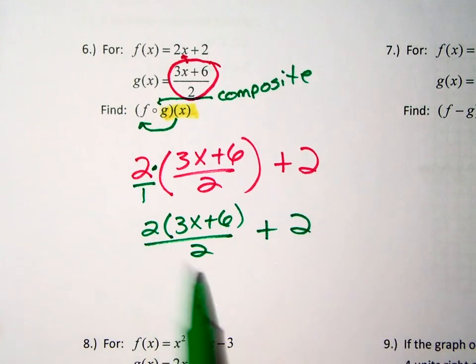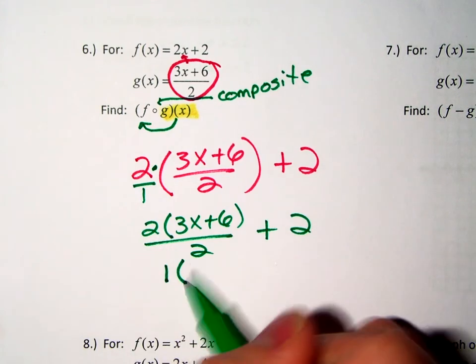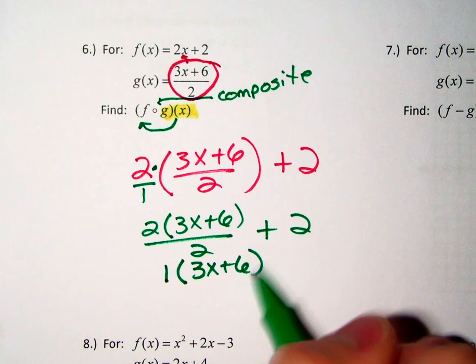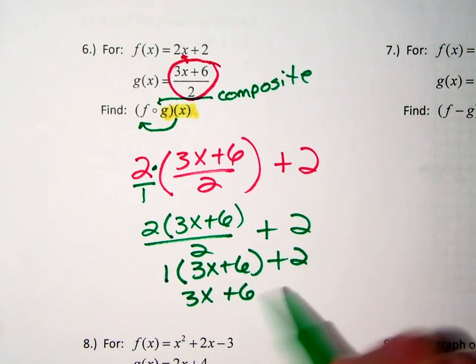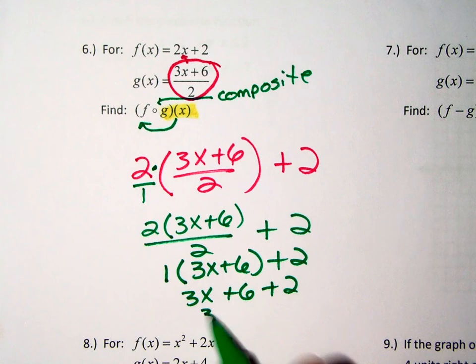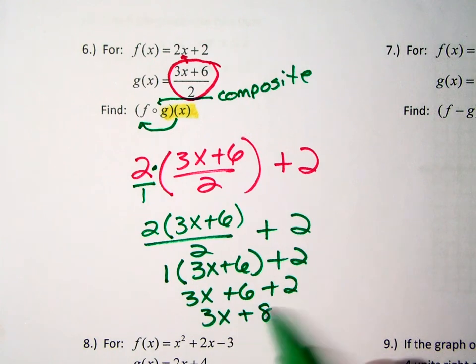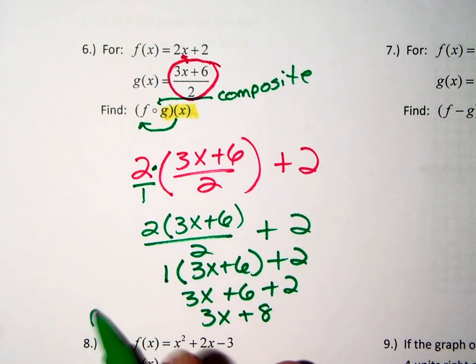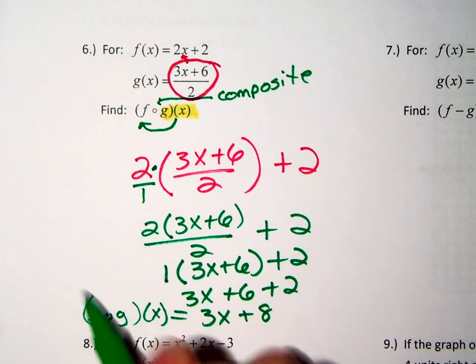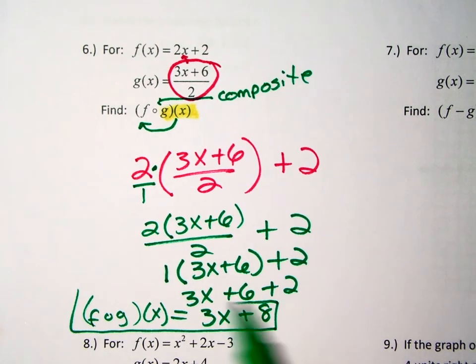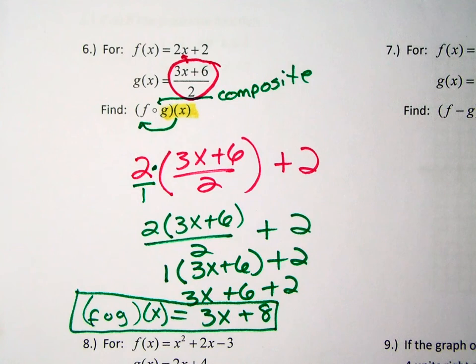And now the nice thing is 2 divided by 2 is just 1. 3x plus 6, right? So if I distribute the 1, it would stay the same, giving me 3x plus 6 plus 2, which is 3x plus 8 when you combine your like terms. So I know that f of g of x equals 3x plus 8.